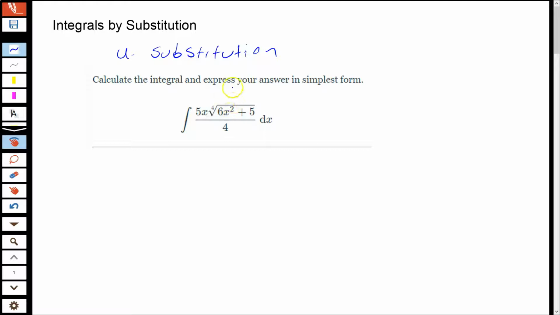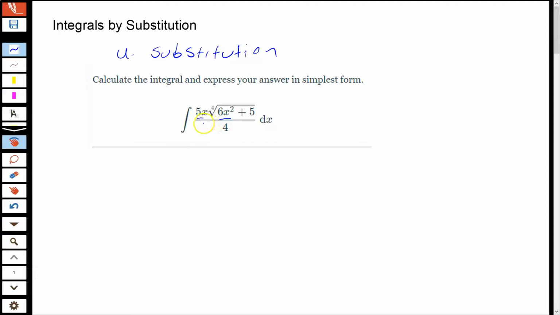And to use this, the first thing we're going to do is recognize that we have a function inside this root, and we have essentially a multiple of the derivative of the function outside, right? So if I take the derivative of 6x squared, I get some form of just the linear x function, right? So that's what we're looking for to use this.